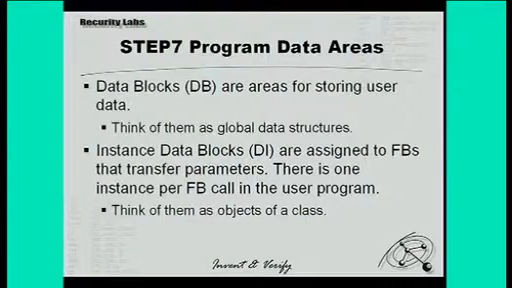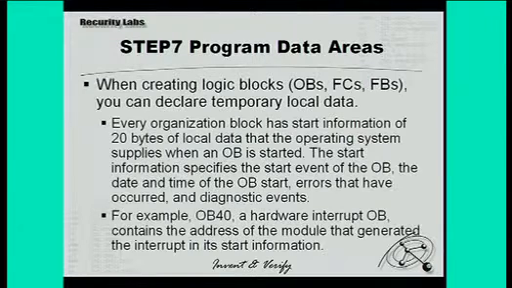So the data blocks, as I said, are pretty much like structs. You have instance data blocks, sorry. Those are the ones that are given to the FBs, and you can think of them as like an object that was made out of a class.